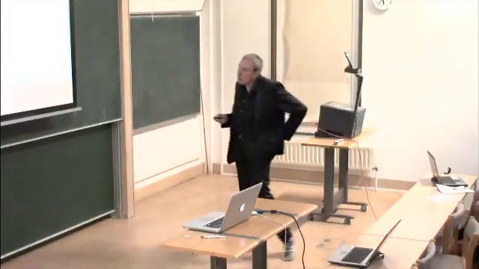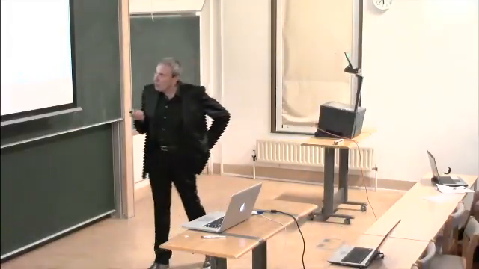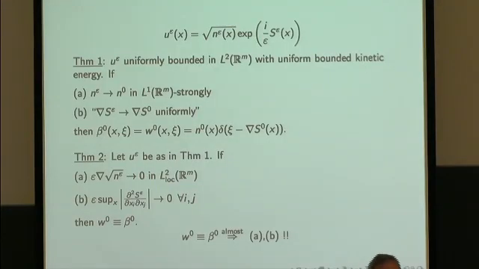And there's a theorem. And the theorem says the following, and I'm going to give you the spirit of these assumptions here. The spirit is, if the gradient of the square root of the position density oscillates on scales which are larger than epsilon, and if the quantistic velocity field also oscillates on scales which are larger than epsilon, then the limiting Wigner measure is equal to the limiting Bohmian measure.